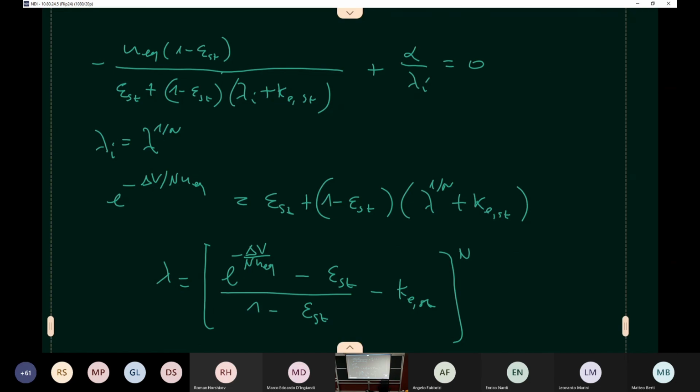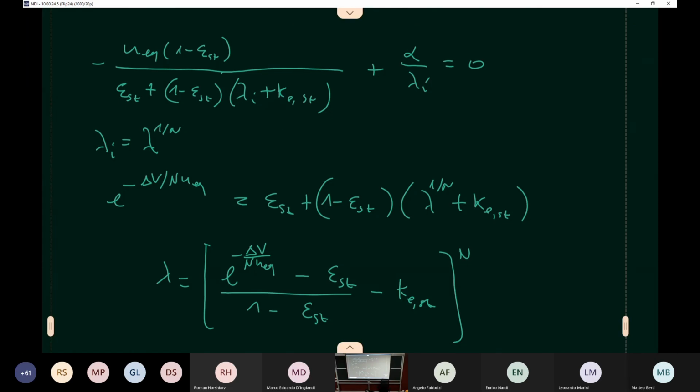Let's consider the other extreme, which is the case where we have epsilon equal to 0, k different from 0. So the inert mass is only depending on the thrust level.